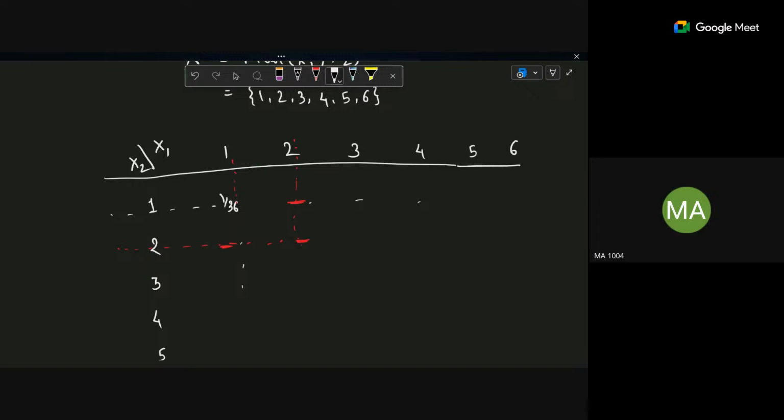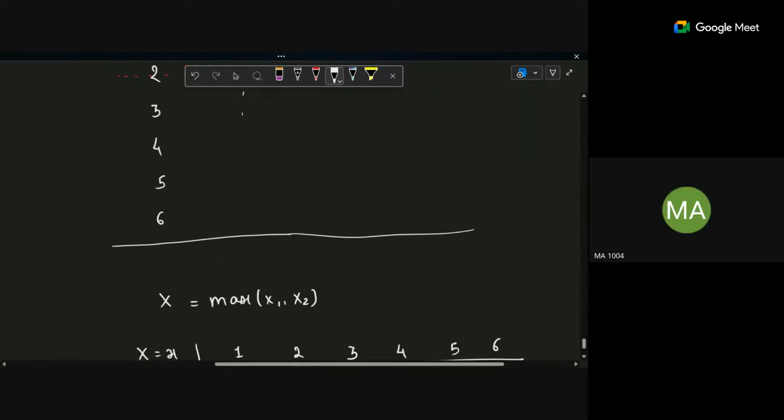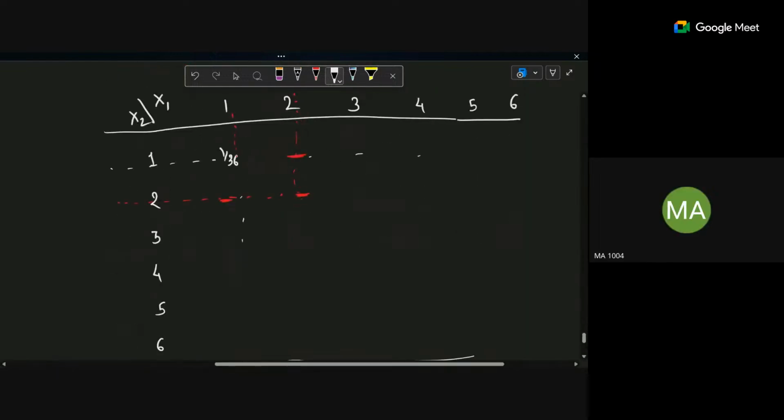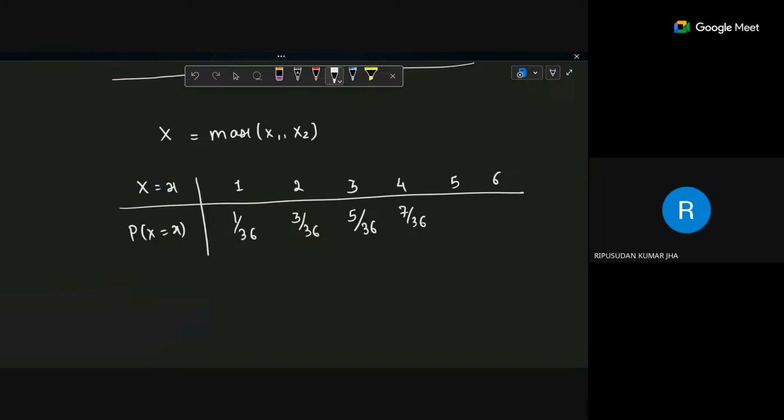So it will be 3 by 36. What about 3? 5 by 36. Again the same thing. For each value, 2 will increase. For 4, it will be 7 by 36. For 5, it will be 9 by 36. For 6, it will be 11 by 36.